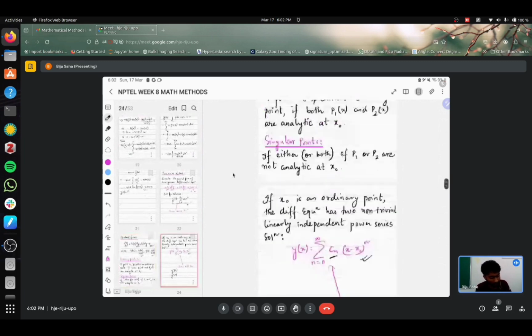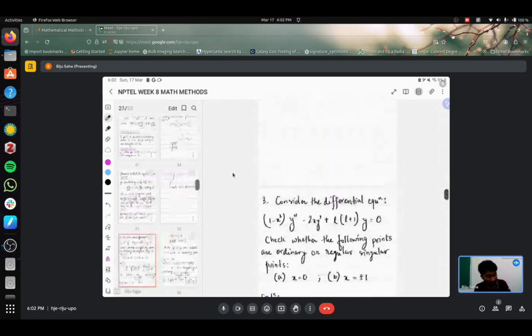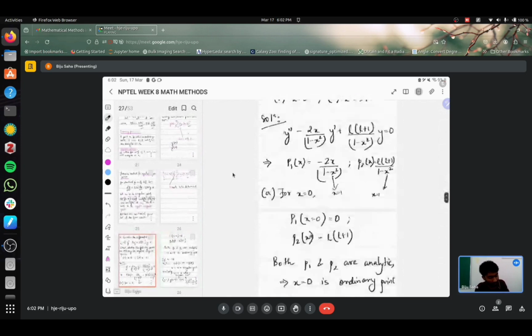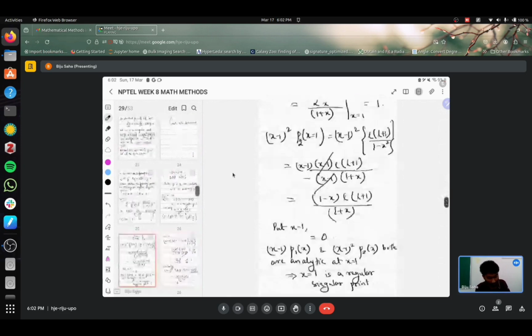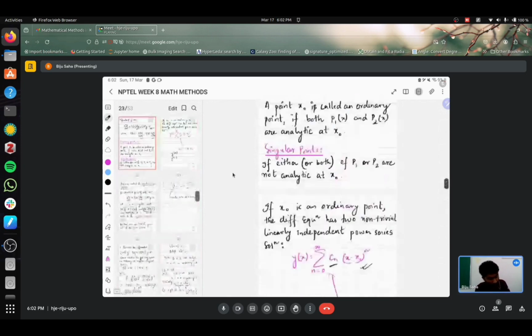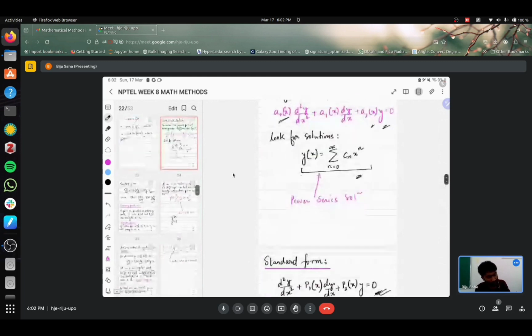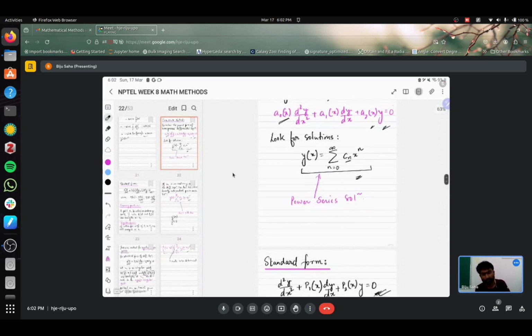If it is an ordinary point, we use this form, take the first order and second order derivatives, and get the relation between the various coefficients. Once we know the coefficient values, we can easily know the solution.